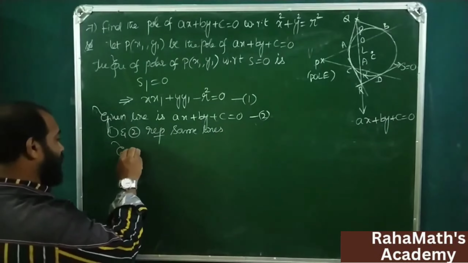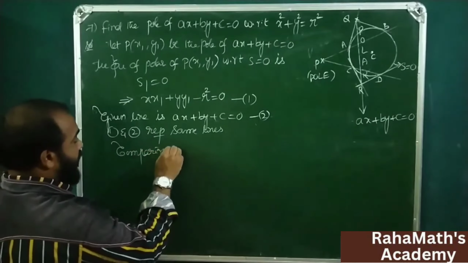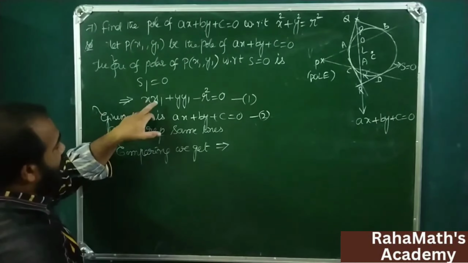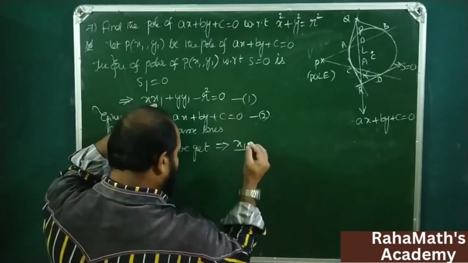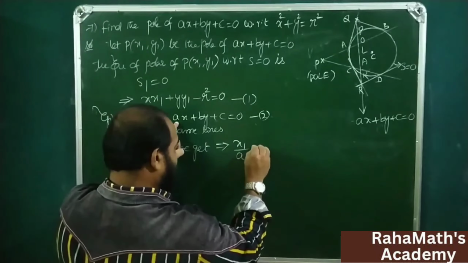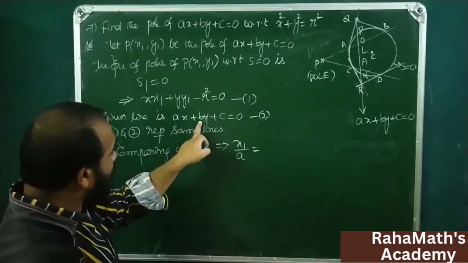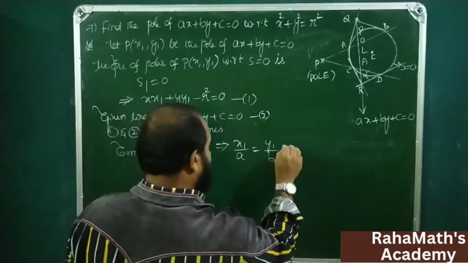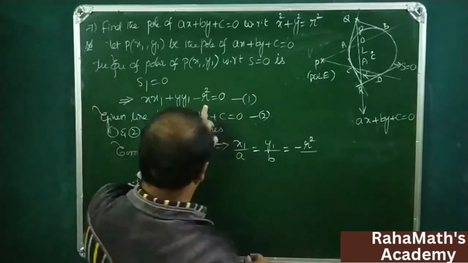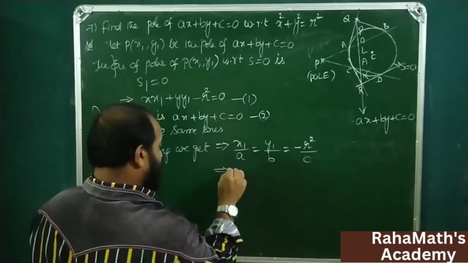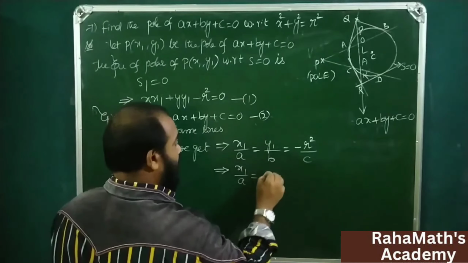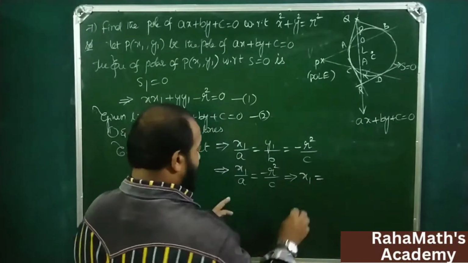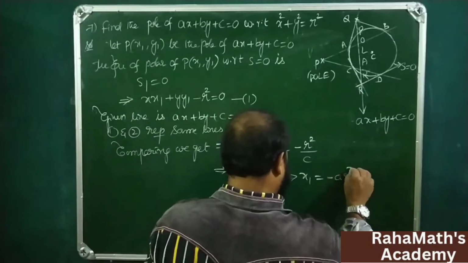So comparing, we get: here the x coefficient is x1 by a, the y coefficient is y1 by b, the constant is c. So x1 by a equals minus r square by c, which implies x1 equals minus a r square by c.